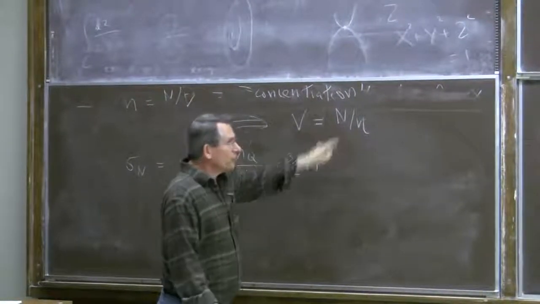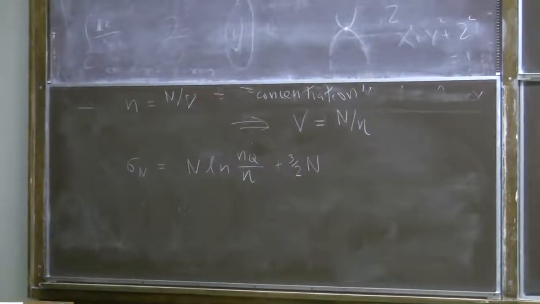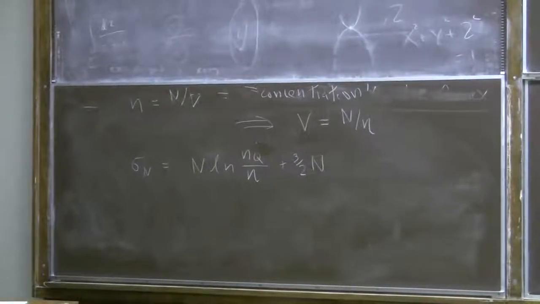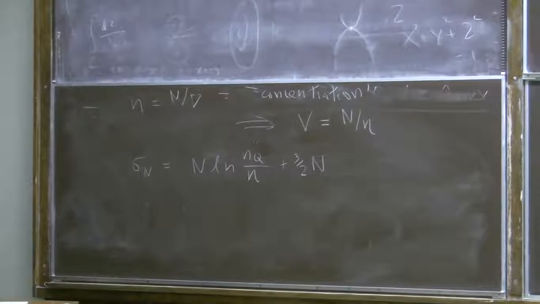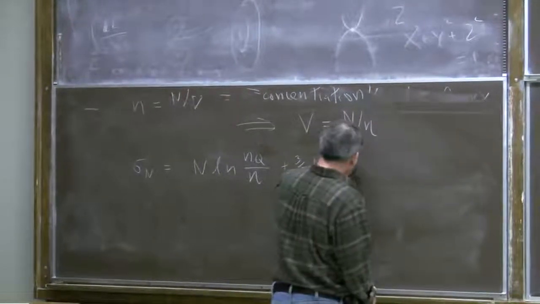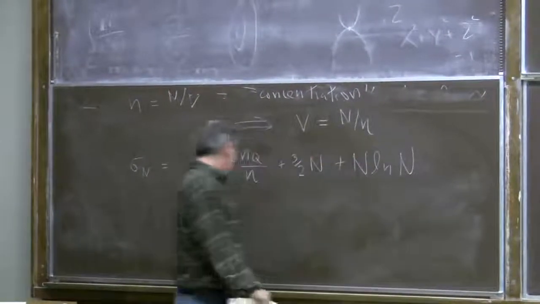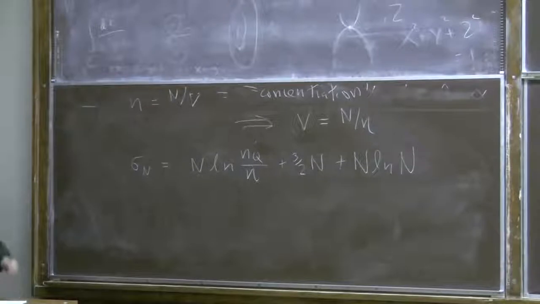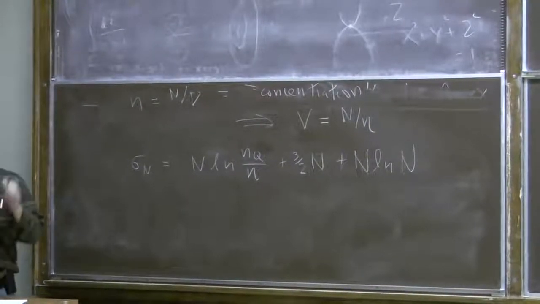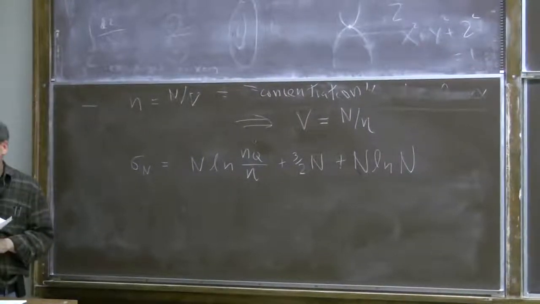But there's also now a capital N inside the logarithm. So I get an additional N log N term. Now, this is a pretty weird-looking formula because suppose I fix the concentration and I consider making the box bigger.